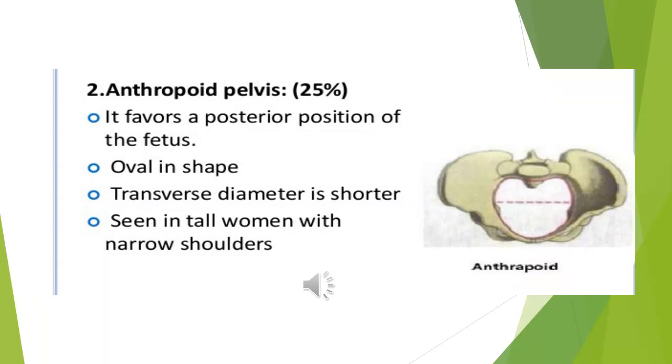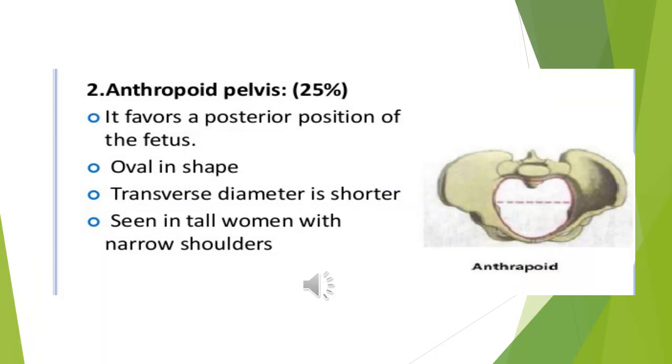So this anthropoid type conforms to the dolichopelvic pelvis, and it resembles the pelvis of anthropoid apes.